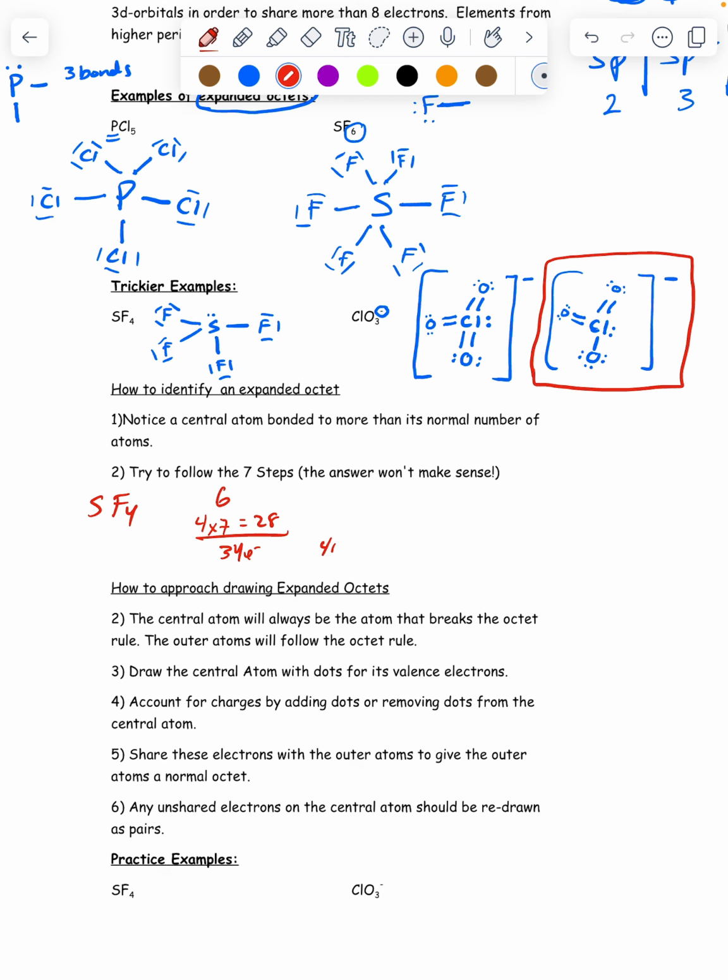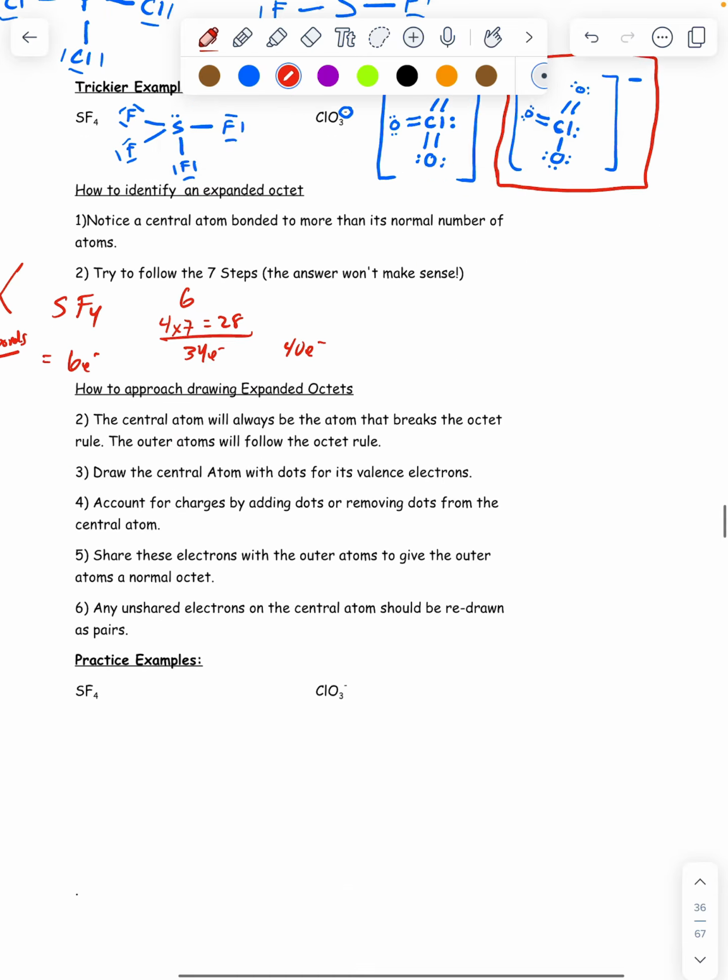I need 40 electrons to feel like I have an octet on each, and the difference is 6 electrons, which is 3 bonds. Well, there's no way I can bond 4 fluorines to sulfur with only 3 bonds, because there are 4 fluorine atoms, so I need at least 4 bonds. So the 7 steps don't make sense when you have an expanded octet.